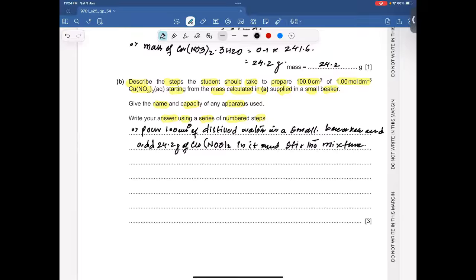Okay. Transfer this solution into a 100 cm³ volumetric flask.